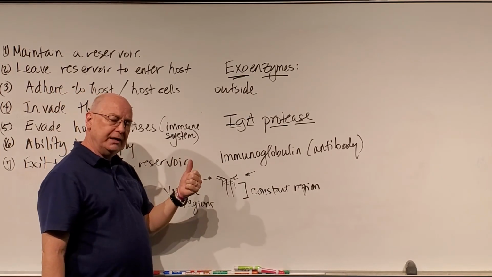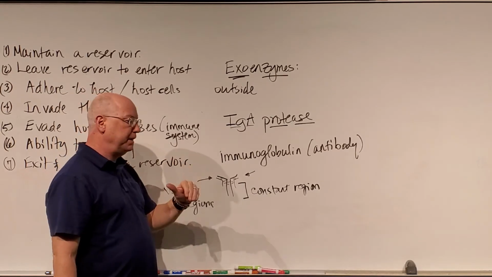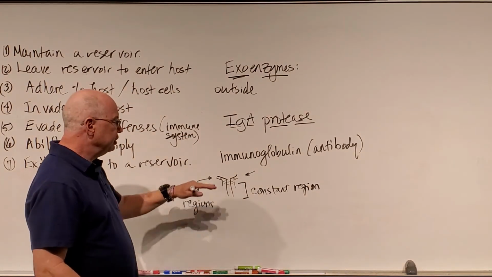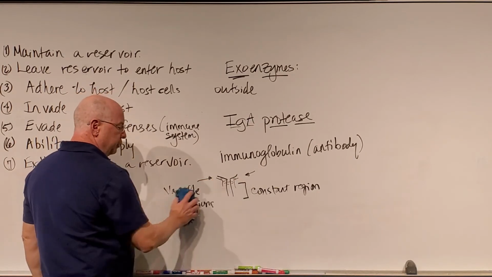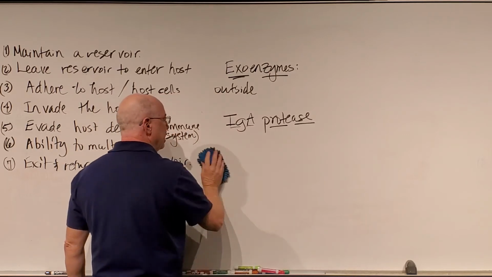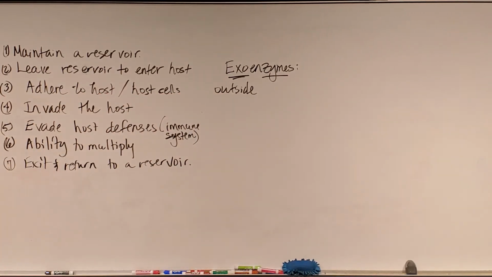One would be coagulase, which causes blood clotting to protect the bacteria, and IgA protease, which dissolves the protein called immunoglobulin A. And we may talk about IgA and IgG and IgE and IgM and all these immunoglobulins in the future.